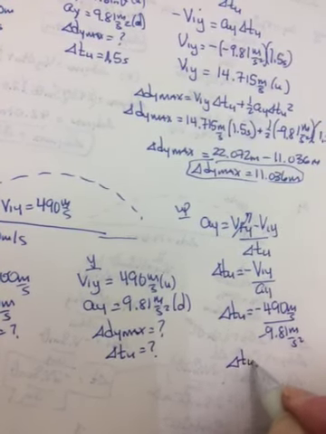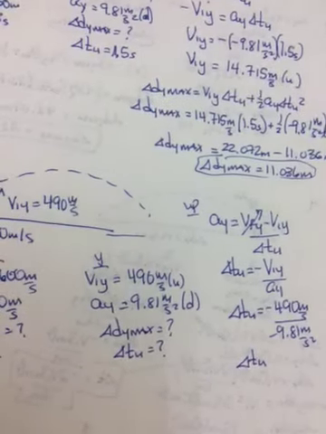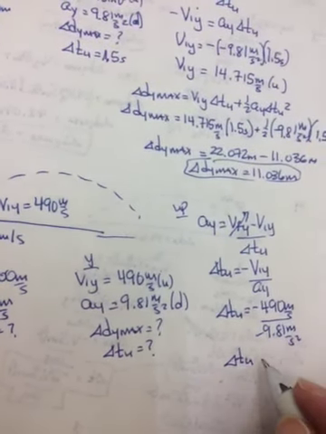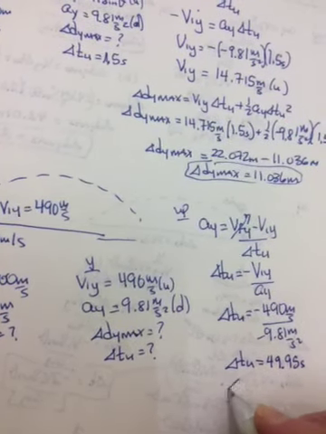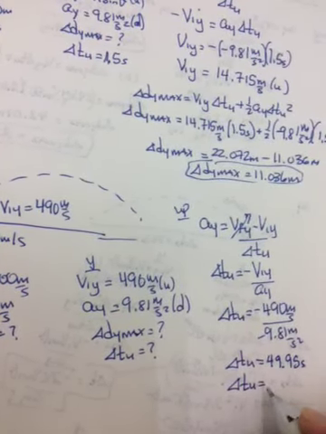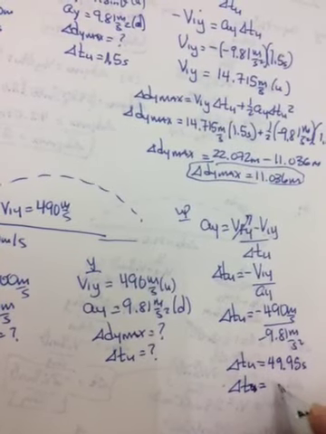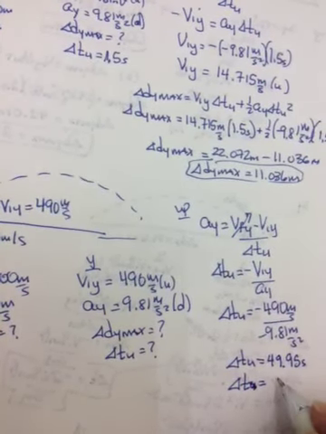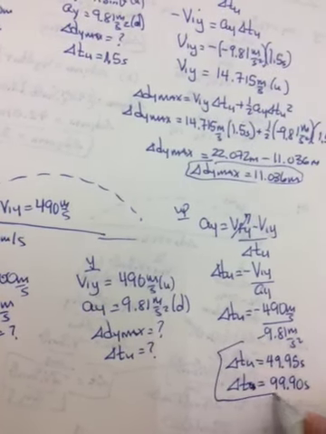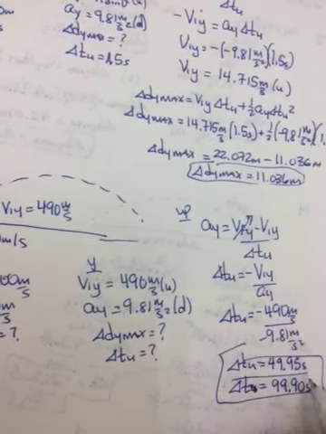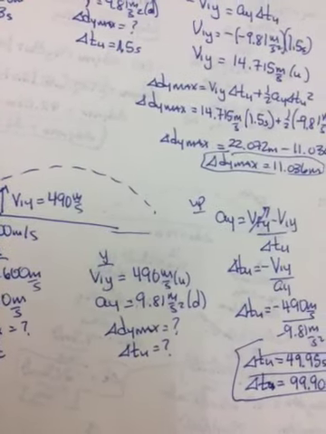And that's going to be awfully close to 50, I believe. 49.95 maybe, give or take a decimal, seconds, which means TU, or T total, will be equal to 99.9. I'm sure there's more decimals, but because my video is only 10 minutes, I can't do too many more decimals.